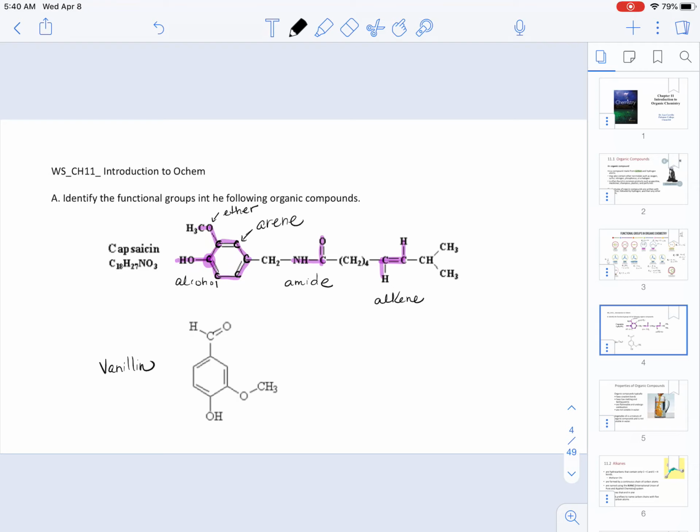So I'm going to write in the carbon atoms found in the hexagon. And let's identify the functional groups present. As we learned in the previous slide, a carbonyl that to one side has a hydrogen, that is known as an aldehyde.